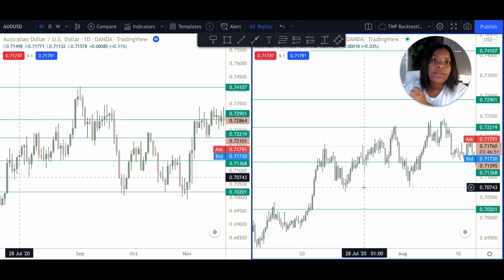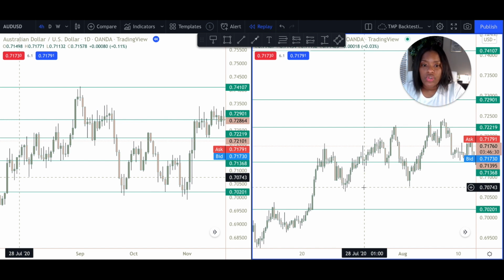Like, what was the purpose of the support and resistance lines on the daily? And then when you drop down, what was the purpose of the support and resistance lines on the 4-hour? And this is where you really want, as a beginner trader or a struggling trader, to answer that question first. What time frames have your priority?